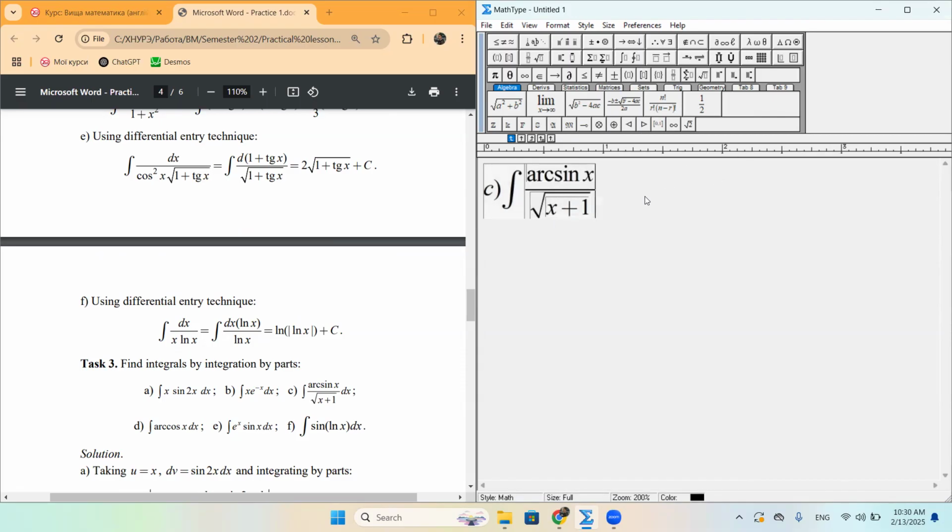Actually we have not a polynomial here, but again we will use integration by parts. So what is what here? u is arc sine of x.